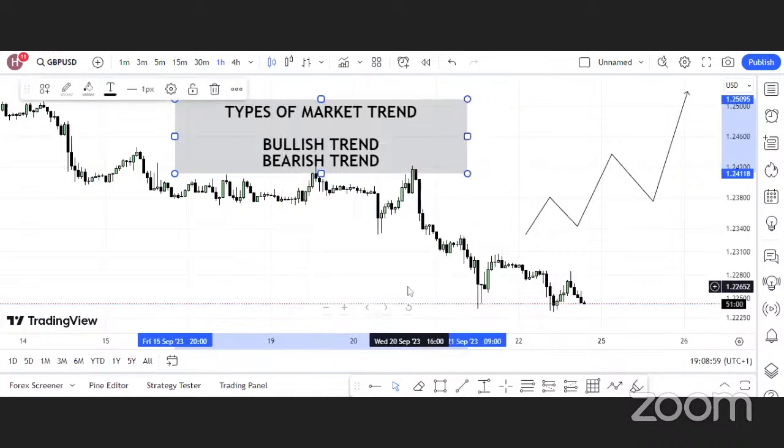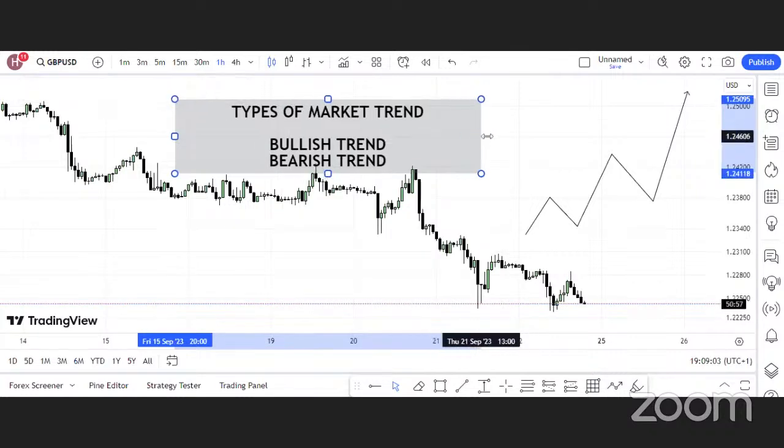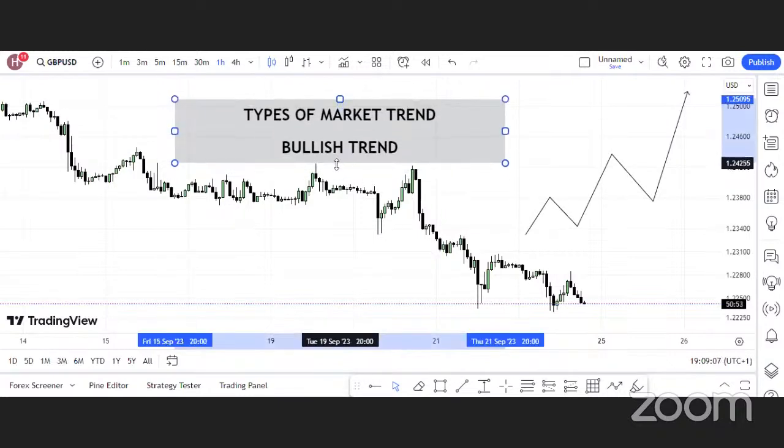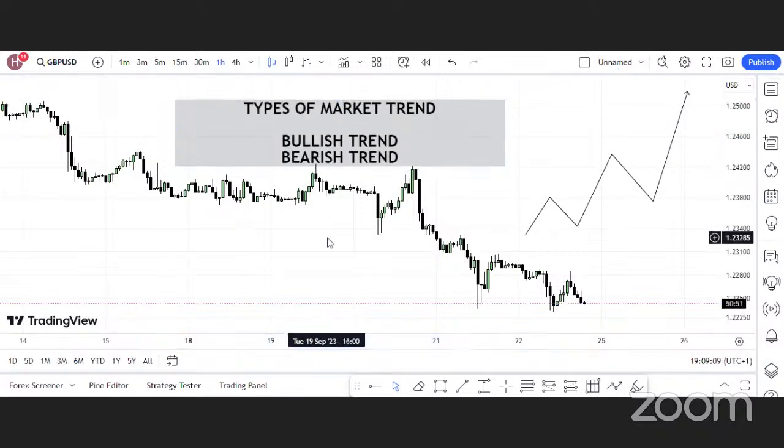So those are the two types of trends we have in forex trading. As I've said, the bullish trend is when the market is going up, while the bearish trend means the market is going down.